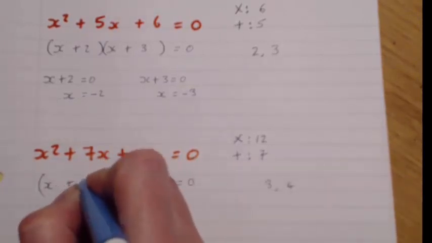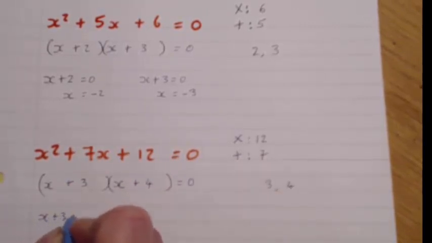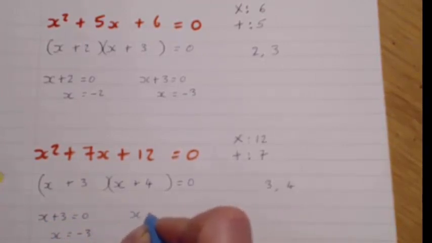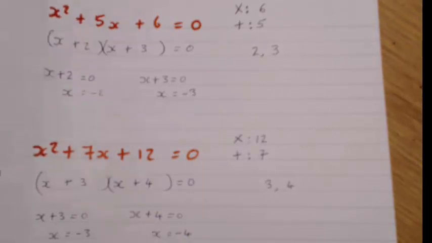So here are 3 and 4. So our solution is that x plus 3 equals 0, which means that x equals minus 3, or x plus 4 equals 0, which means x equals minus 4. So there are two solutions to our quadratic. Okay, how about another one?